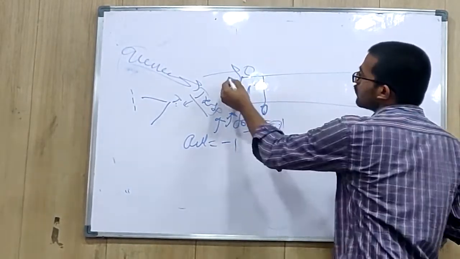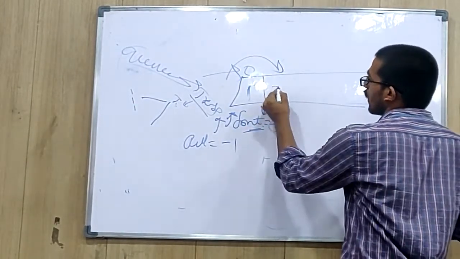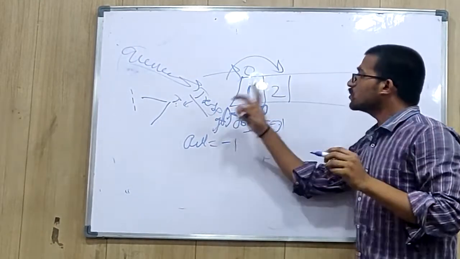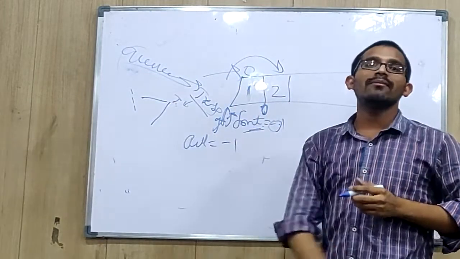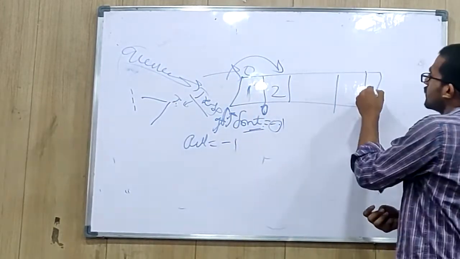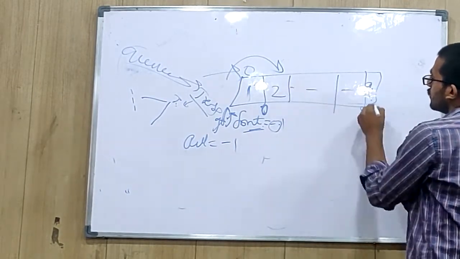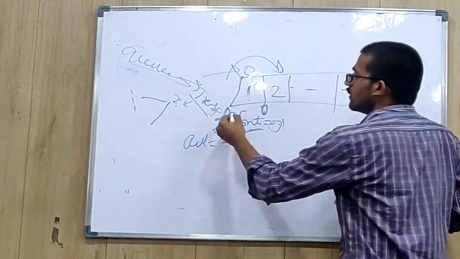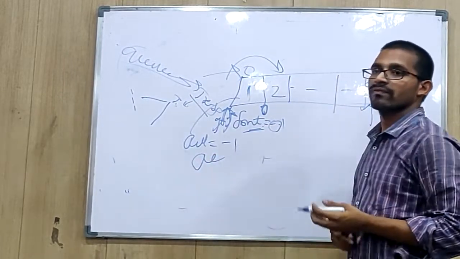And again, if you want to insert another element, it is inserted at the rear. Rear is used to insert elements. Front is used to delete elements. If front reaches the last, then if you want to delete an element, you delete from the front, which is called dequeue.